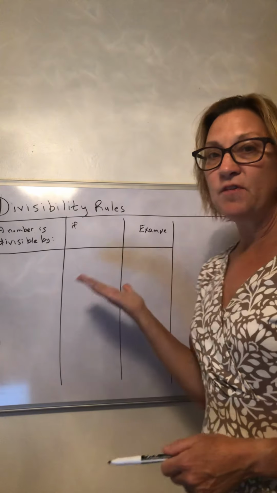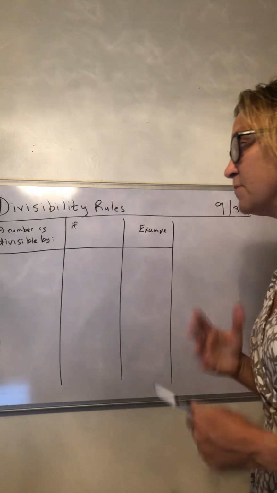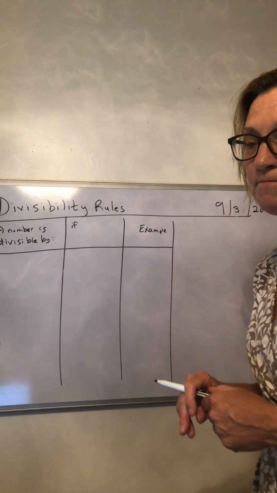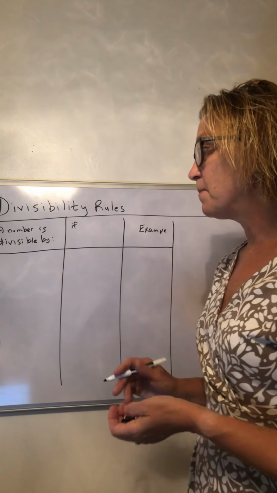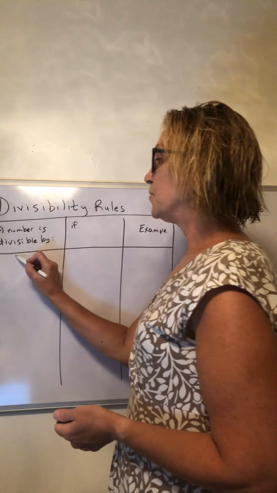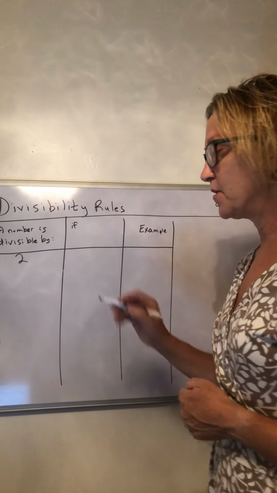So like I said, some of you may have already started these notes. Others may be doing this for the first time. Now, there's a rule for a few numbers to see if 2 can go into another number.